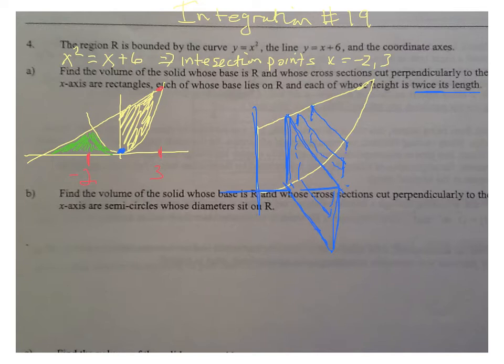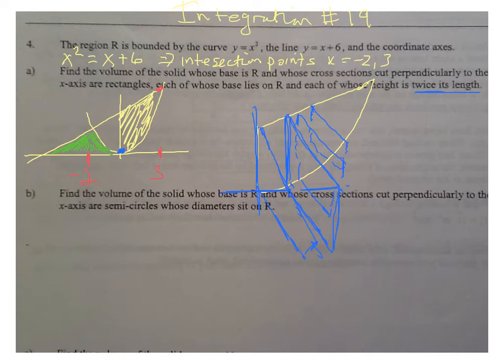So we have them coming out. Eventually, the largest one will be right on the y-axis, because that's the farthest point where the two curves separate from one another.